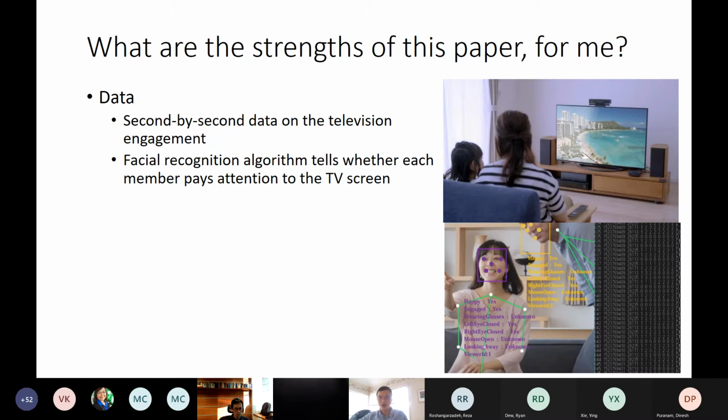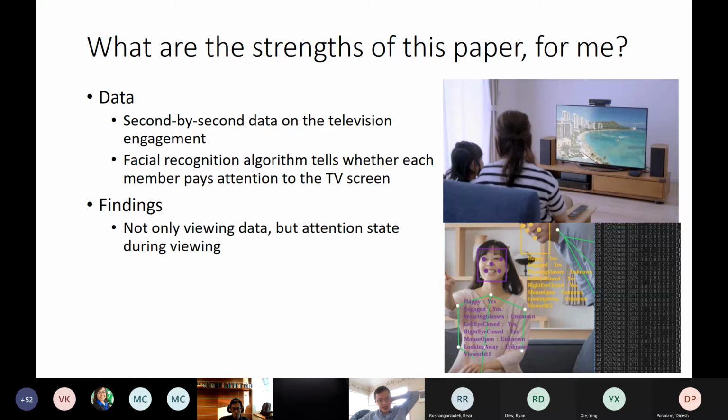This is a second photo which Kosuke also shows, right? A person can have a different algorithm there. You can check the facial expression, happy, whether engaged, and so on. So I think this is really a very cool data set. Another strength is their findings.